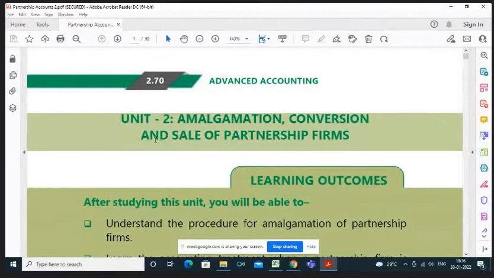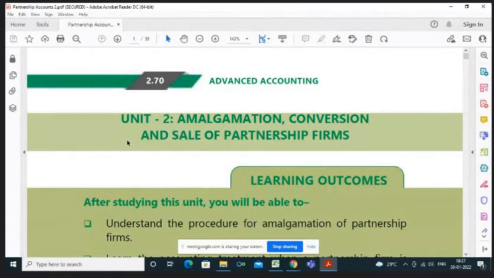They will do the same business, but convert the entity from a partnership firm to a private limited company, or they may even sell it to a public limited company. Many times they are converted into a private limited company so that once the business becomes large, there will be limited liability and the partners' private assets will be safeguarded.